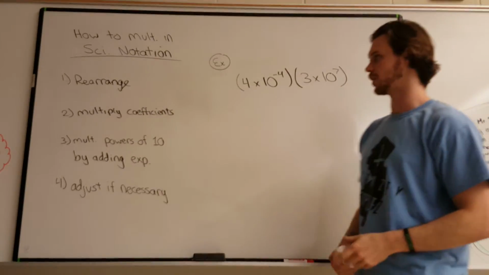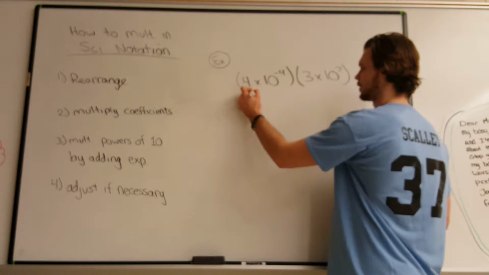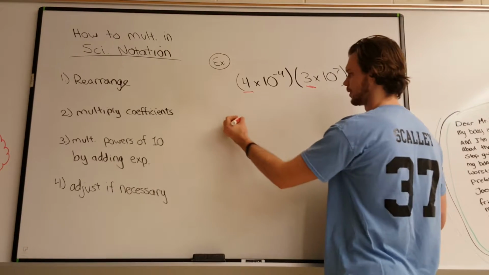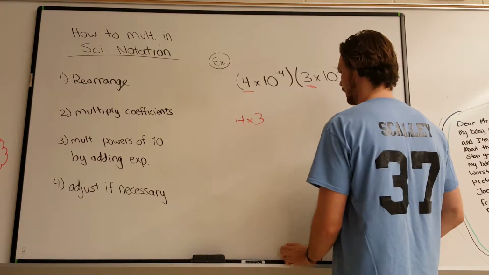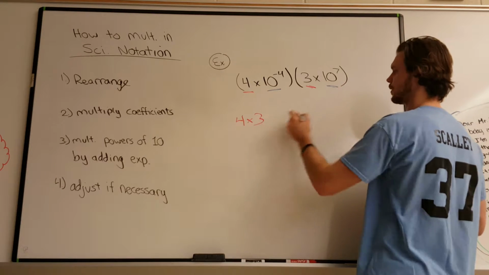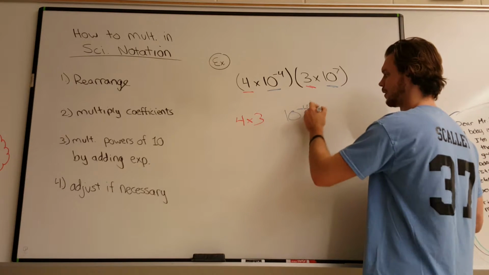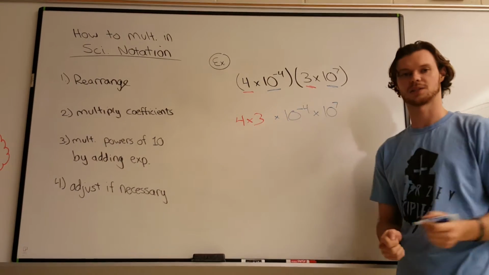So again, the steps are pretty much the same. First one, I'm going to rearrange. So I'm going to put the coefficients 4 and 3 next to each other. And I'm going to put the powers of 10 to the negative 4th, and 10 to the 7th next to each other. Again, with another multiplication sign in between.